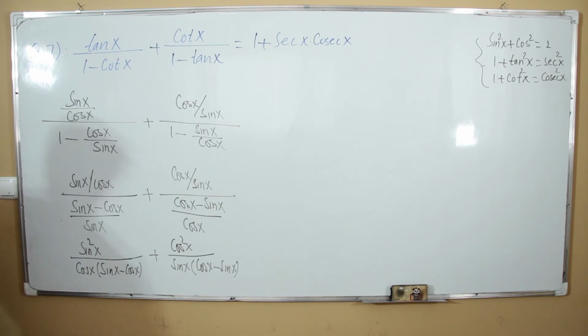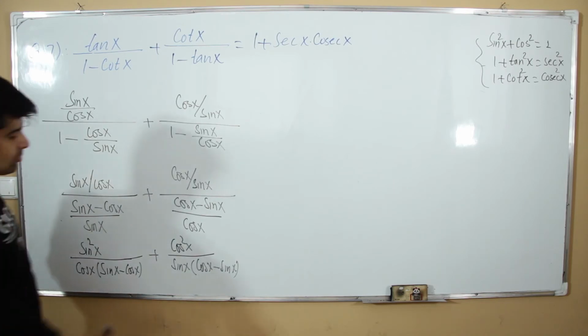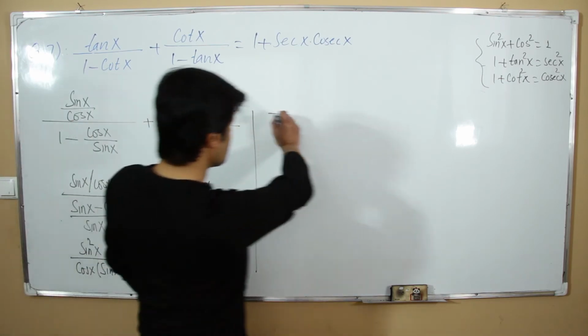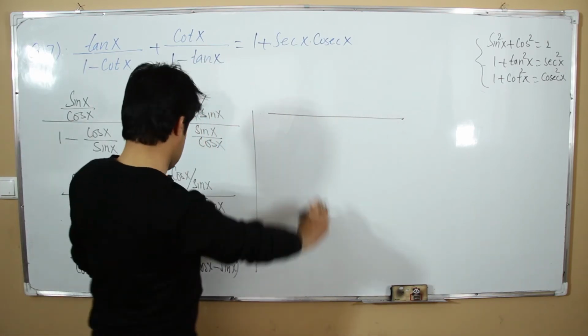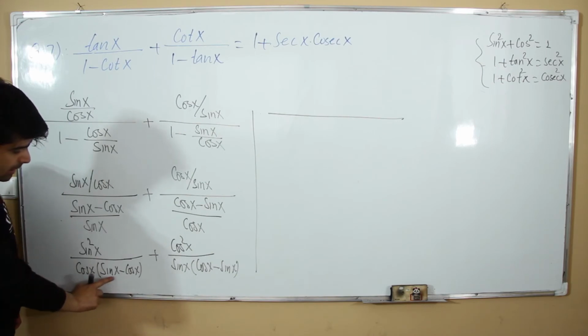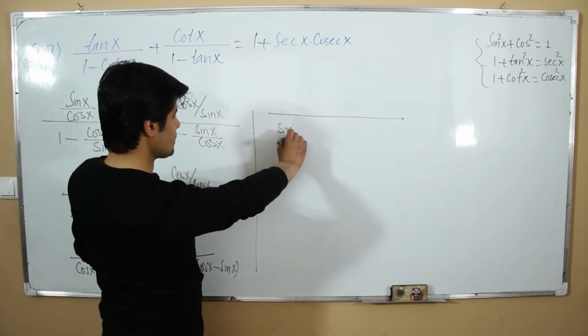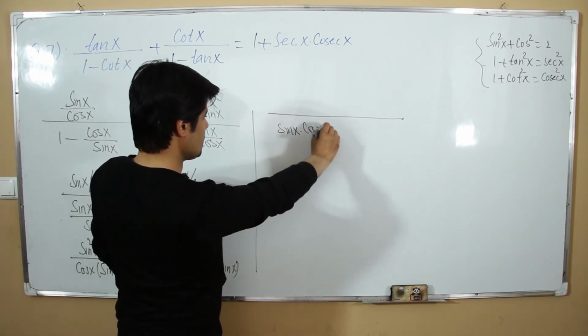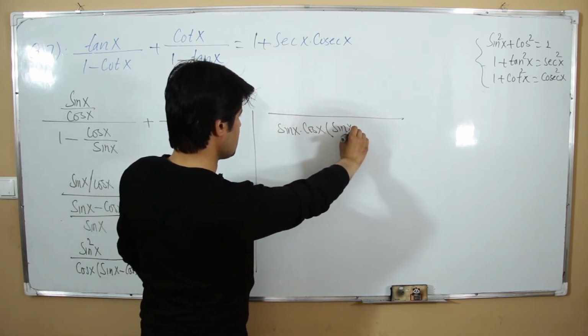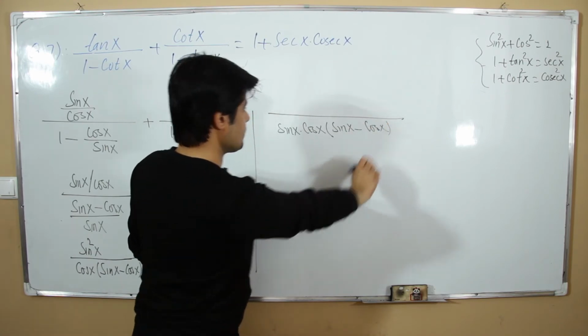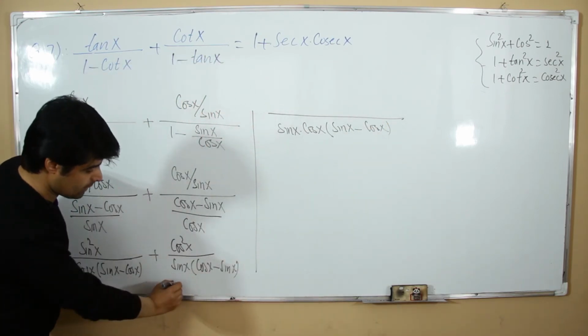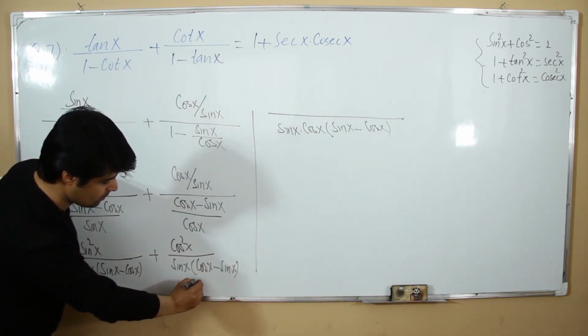Why not? Now, what should we do? If I take the factors between these two, our factor is sine x, cosine x, and sine cosine. This is also sine cosine. Sine x times cosine x times sine x minus cosine x. Am I right or not? We will have a factor here of -1.